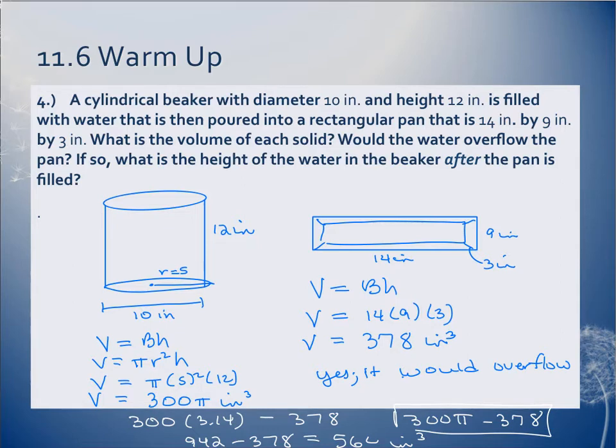So what we're going to do is find the volume of each. Remember, the formula is the same. The formula for volume is area of the bottom times the height. However, the difference between the cylinder and the rectangular pan is the base shape. On the cylinder it is a circle, but on the rectangular pan it is a rectangle.